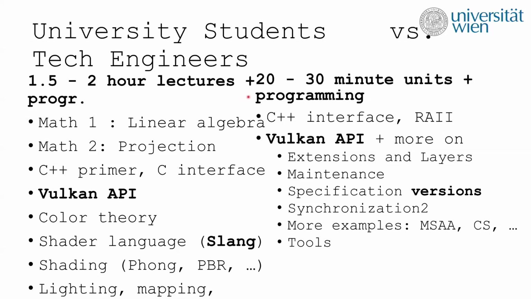But if you go to tech engineers who have no knowledge about Vulkan, then probably the curriculum will look quite different, because a tech company is not really interested in color theory or something like that. So I've been thinking about what would be interesting for tech companies if they have newcomers and you want really to get them into the Vulkan API. What would you like to teach them as a bootstrap? So I would be interested in your ideas and your comments about that.